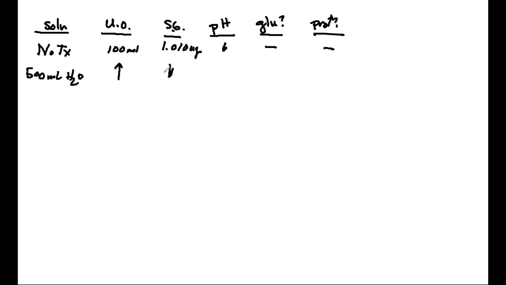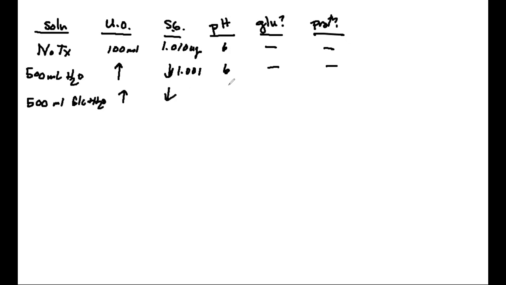Specific gravity would drop, so it would get closer to 1.000, say 1.001. Is water going to affect the pH? Nope. Should you see glucose in the urine? Nope. Protein? Nope. Okay, then another person would have drunk 500 mils of sugar water. So let's do glucose plus water. You're still drinking water, so urine output's going to increase.